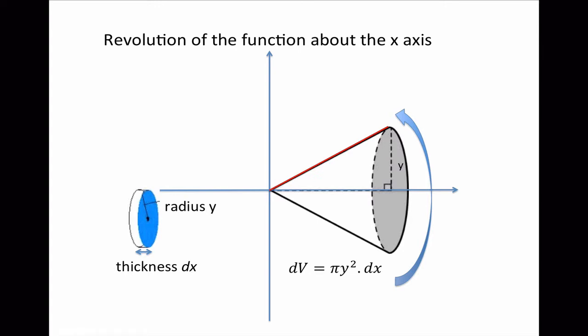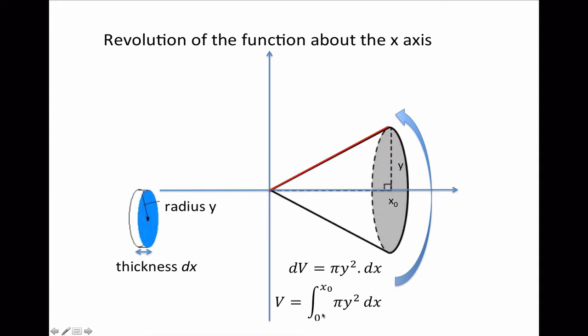We can calculate the volumes of all of the many very thin disks right up to the tip of the cone. And then how do we find the total volume? Of course, we just add them all up. We find the sum. In this particular case, we're going to be integrating from x equals 0, adding up all the disks right up to x equals x naught, our stopping point.